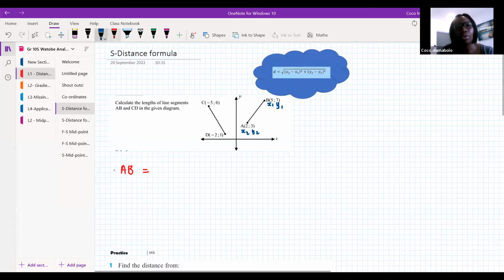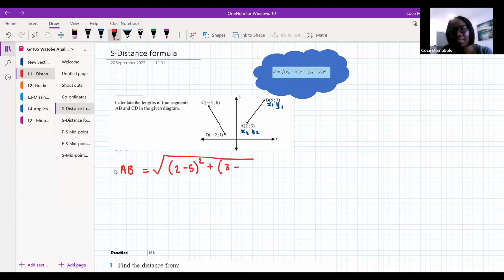Okay, so if I want to calculate for the distance of AB, I'm going to look for the square root of my x2 value, which is 2, minus my x1 value, which is 5, all squared, plus my y2 value, which is 3, minus my y1 value, which is 7, all of that squared.